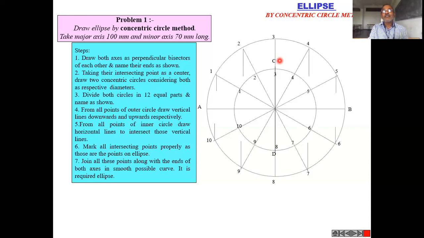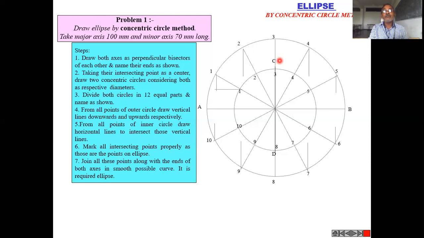That means from points in the upper half, you are drawing downwards, and from the points in the lower half, you are drawing the vertical lines upwards. That means inwards. The center is in the middle. So from above, you have to come towards the center, and from below, you have to go towards the center. That is what inwards means.